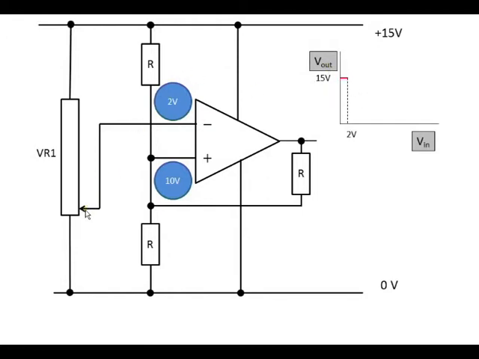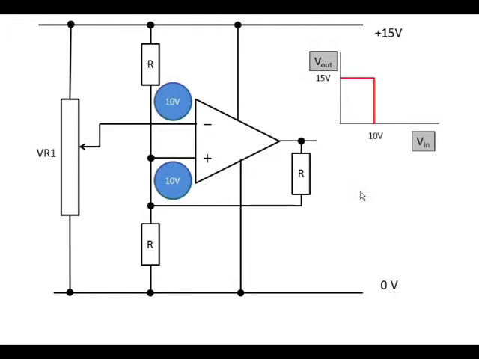The potentiometer has now been moved up to 2 volts on the inverting input, but that has not reached 10 volts, so the output is going to remain at 15 volts. And this continues: 4 volts, still below 10 volts, so the output remains high, 6 volts, 8 volts, and we eventually reach what we call the upper threshold voltage, which is 10 volts.